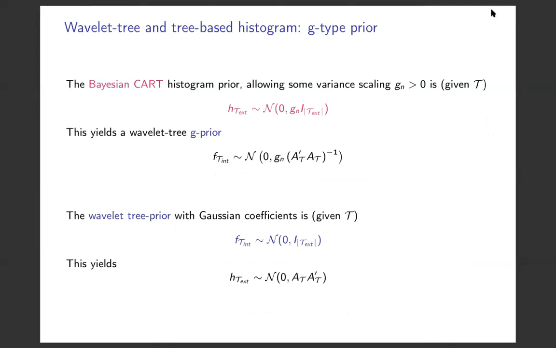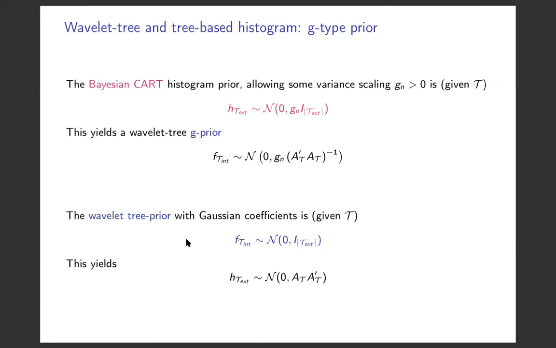All right, so now the standard Bayesian CART prior: once you have sampled the tree, you just take your histogram heights Gaussian. And you can wonder how this translates, with this dictionary, in terms of wavelet coefficients. That gives you still a Gaussian, which takes a form a little bit like a G prior. That's why we call it the wavelet G prior.